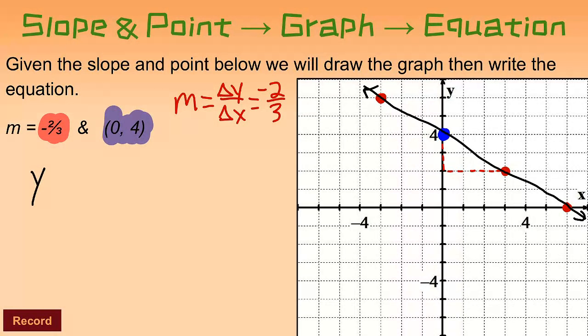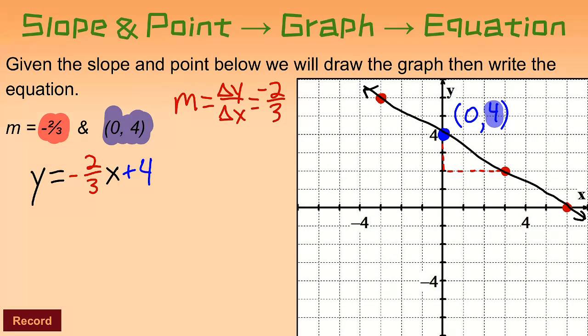So y is equal to m, negative 2/3, x plus b. And remember, b is our y-intercept, which in this case is the 0, 4. So the 4 there is what we're going to include as our b value.